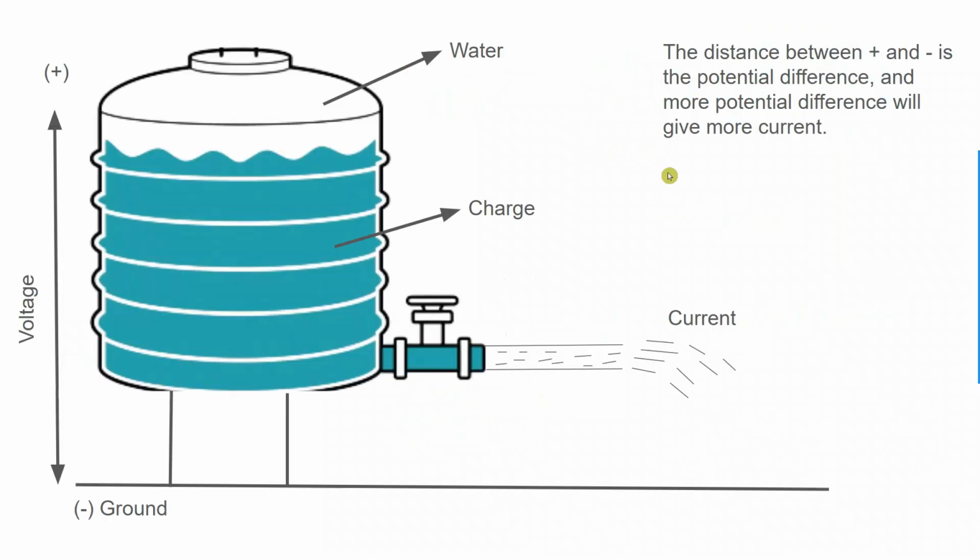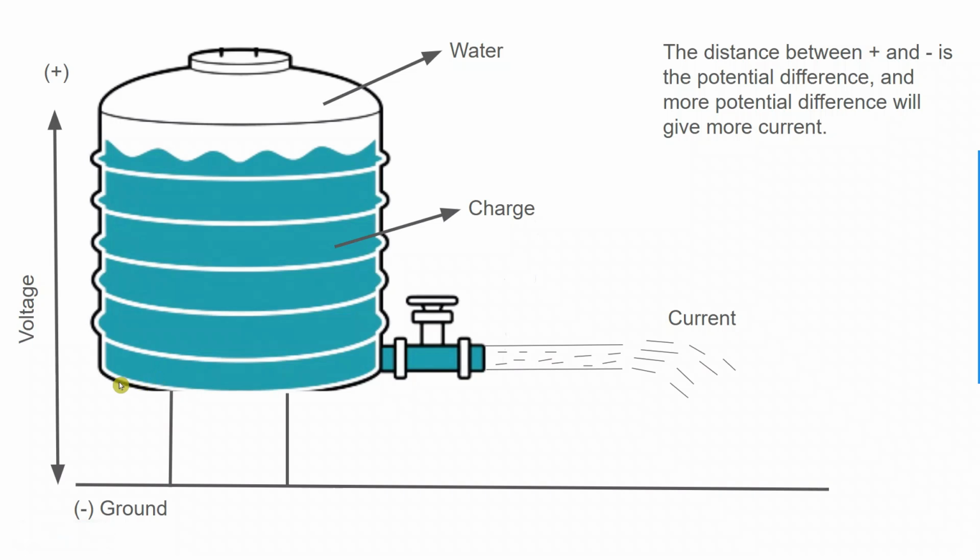Here I am taking one example with a water tank. This is the water tank, and water is flowing from this side, and this is the ground. Between the ground and the water tank there is some distance. That is called the potential difference.